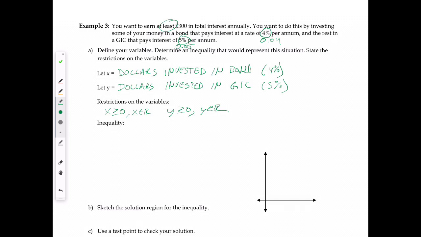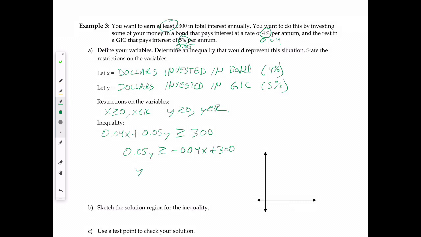So my inequality, well, I'm going to state that 0.04x, or 4% of the amount invested in x, plus 0.05y, or 5% of the amount I invest in y, has to be greater than or equal to 300. I'm going to isolate the y again. 0.05y has to be greater than or equal to negative 0.04x plus 300.